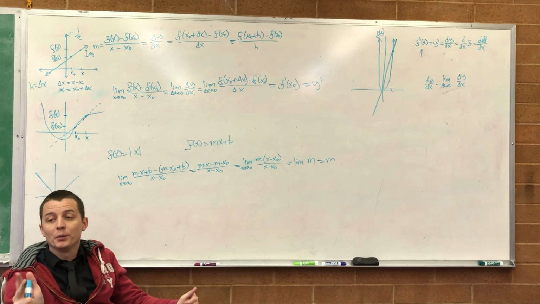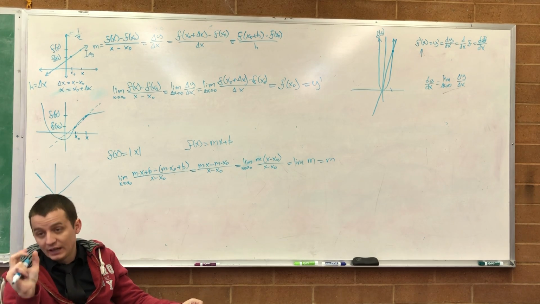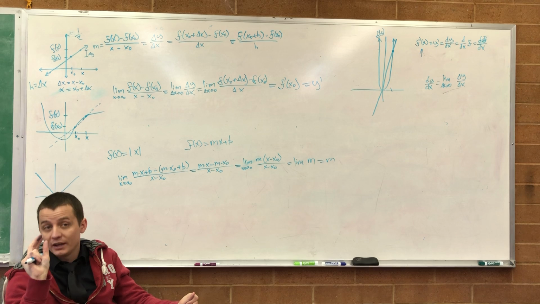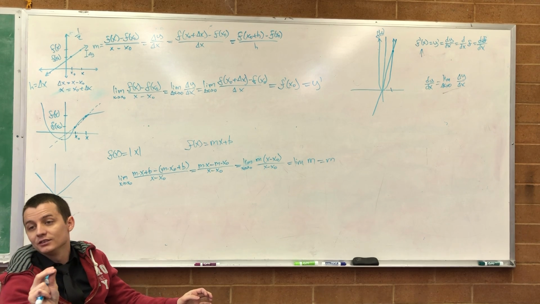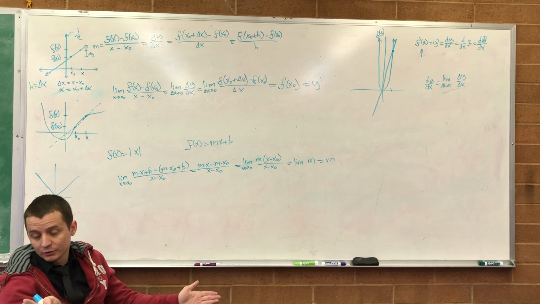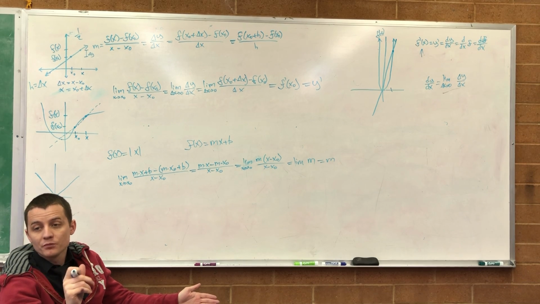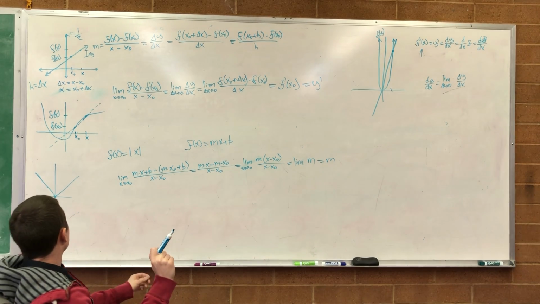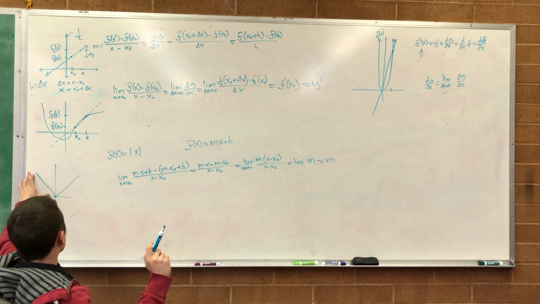So we'll calculate the left-hand limit and the right-hand limit, and show that they give us different things. So the limit at 0 doesn't exist. But first we'll talk about the slope.